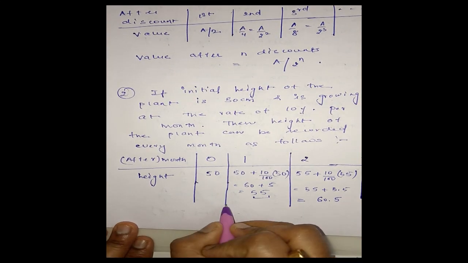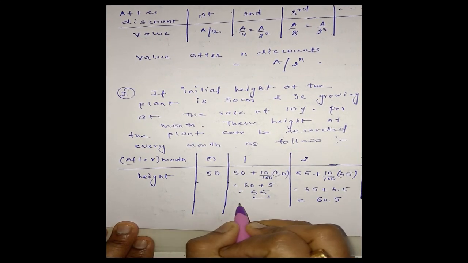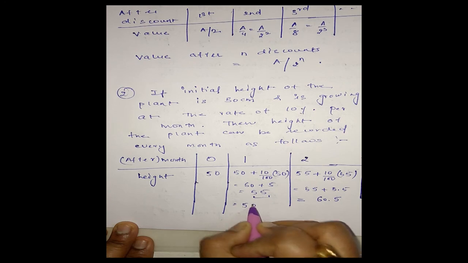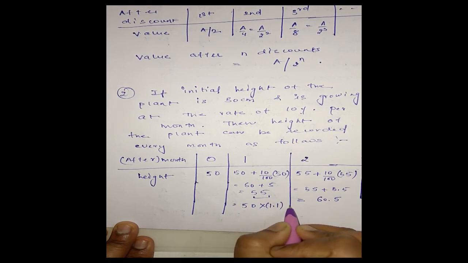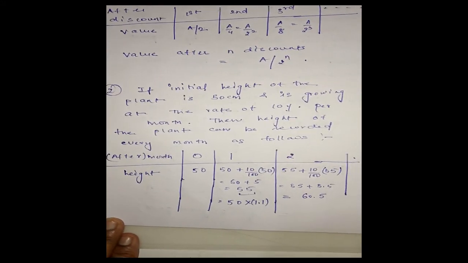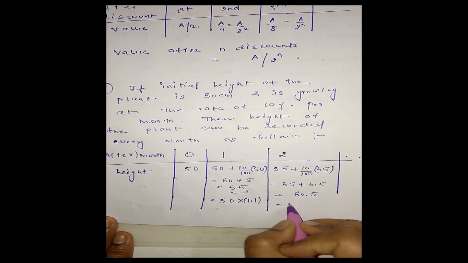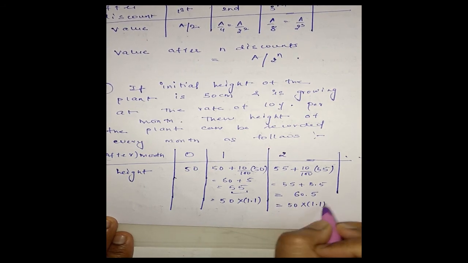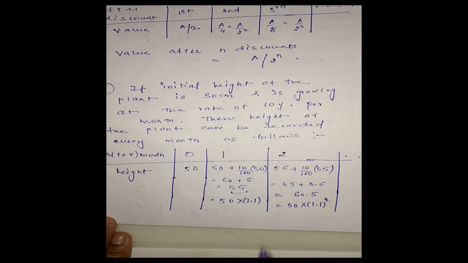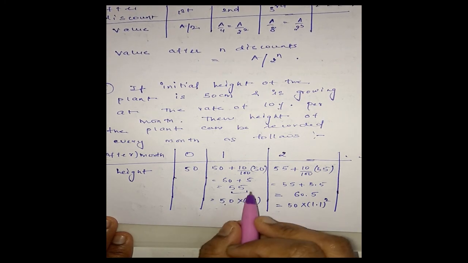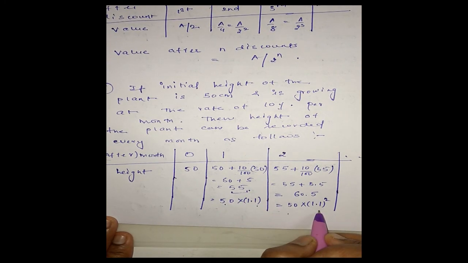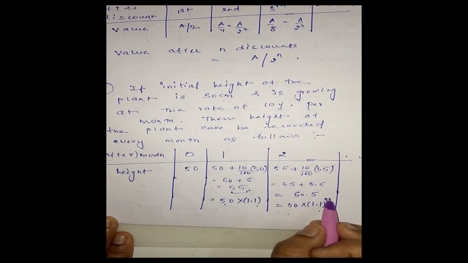Now this 55 can be written as 50 into 1.1, and in the same way this 60.5 can be written as 50 into 1.1 whole square. 50 into 1.1 is 55, 50 into 1.1 square is 60.5.